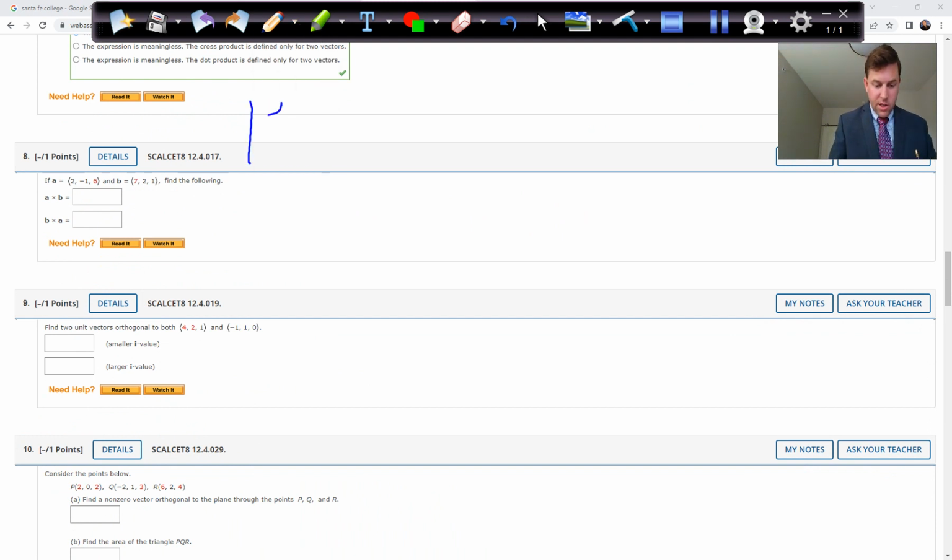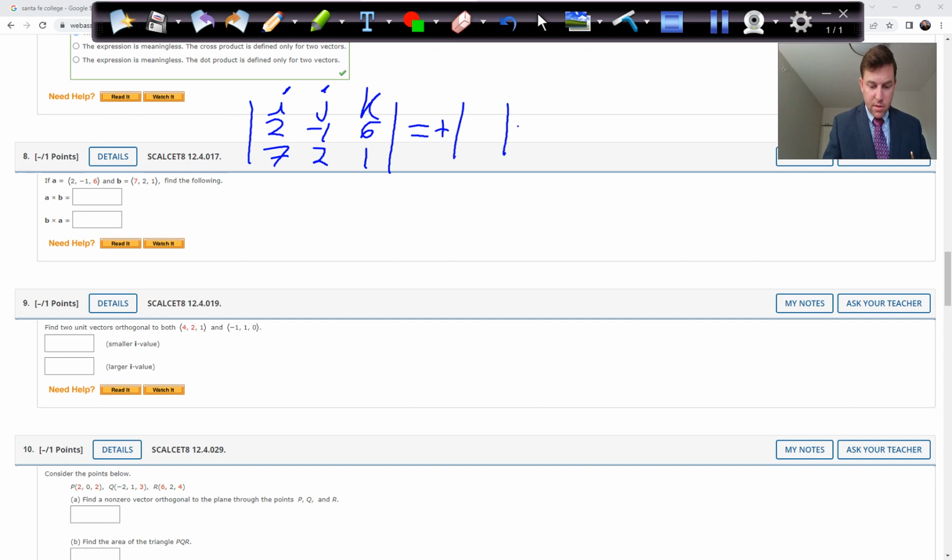So it wants us to do a cross b. a is 2, minus 1, 6, and b is 7, 2, 1. This is going to be plus, minus, plus. Cover up column i, you would have minus 1, 6, 2, 1. Cover up column j, 2, 6, 7, 1.